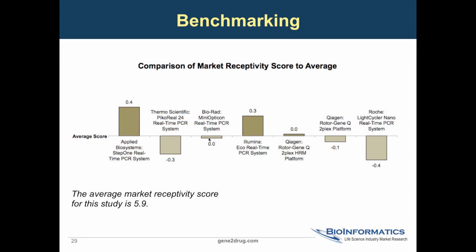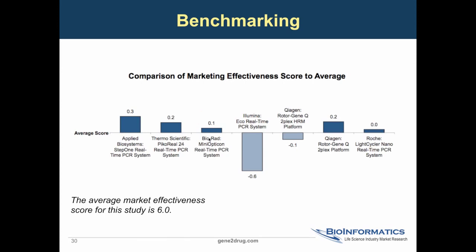Their scores are shown by the above average bars. In this case, average is represented by the horizontal line. In this case, both companies identified the customer need as making advanced real-time PCR technology accessible to both experienced and to new users.